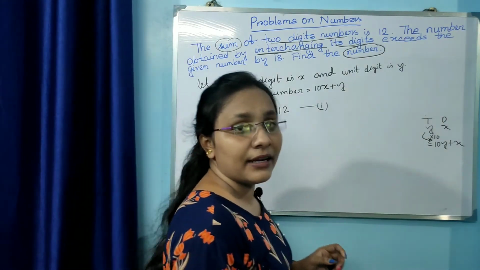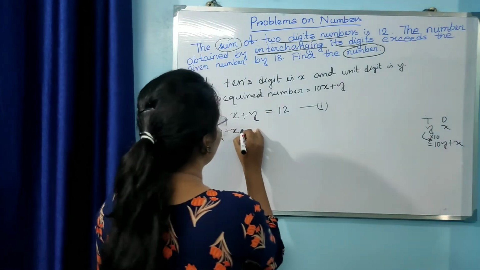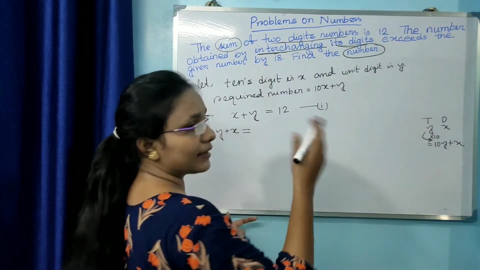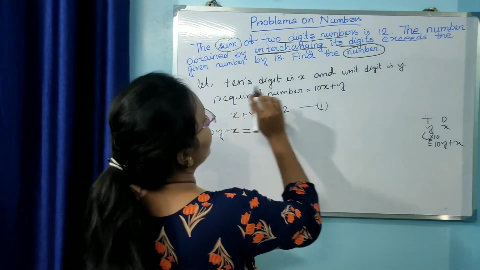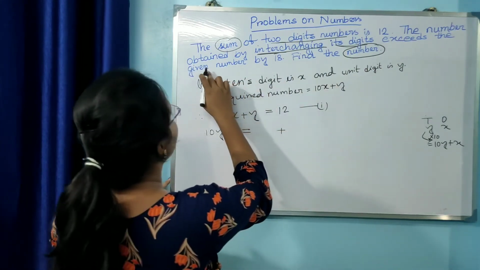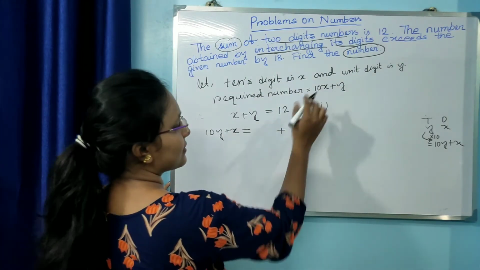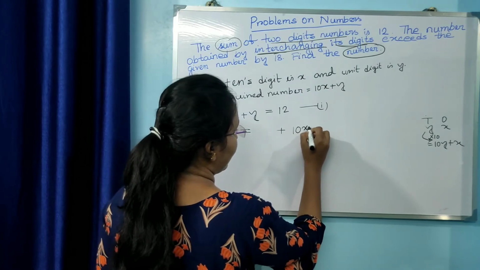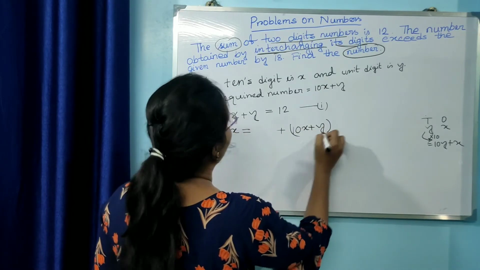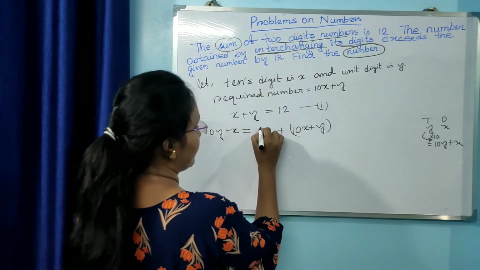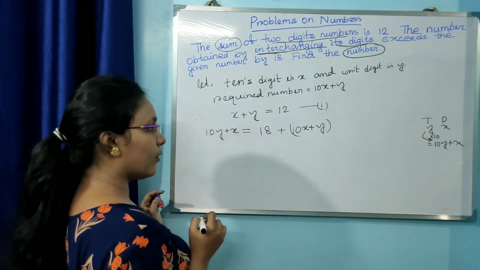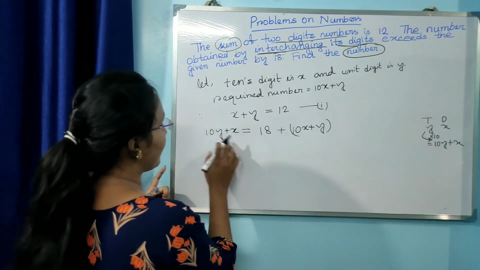Exceeds means more than. So here you give an equal sign: 10y plus x is more than the given number by 18. So here will be 18. Okay, so now we have to simplify this equation.